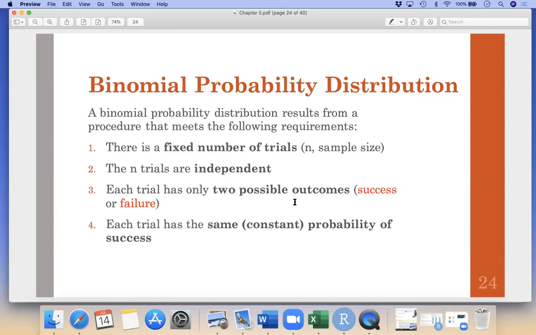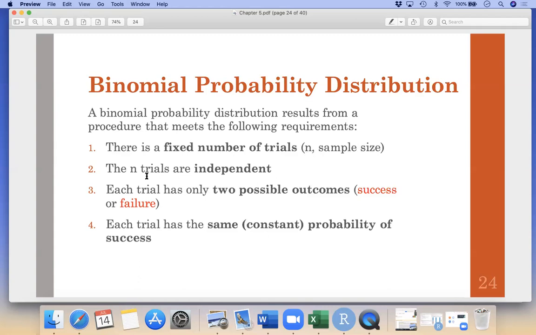Normally, if it's a binomial probability distribution, it meets the following four requirements. The first thing is there should be a fixed number of trials. Fixed number of trials means sample size. The sample size is n, so the sample size should be fixed.